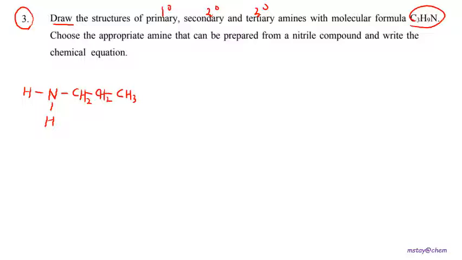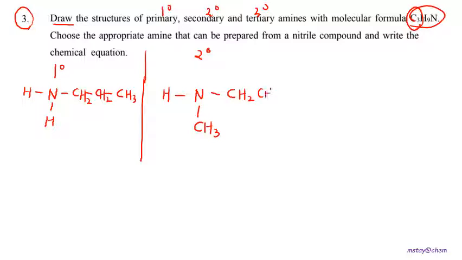So this is the primary amine. Now we proceed to the secondary amine. Nitrogen has 3 bonds. 1 bond is hydrogen, and the other 2 bonds must be bonded to carbon. Since we need 3 carbons, we separate them into 2 parts: one part will have 1 carbon only, and the other will have 2 carbons. Again, check the number of hydrogens: 3, 5, 8, 9.